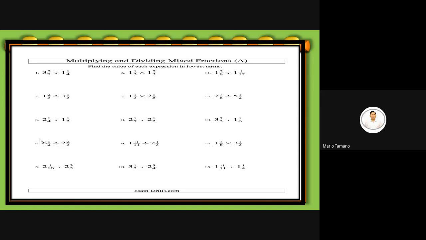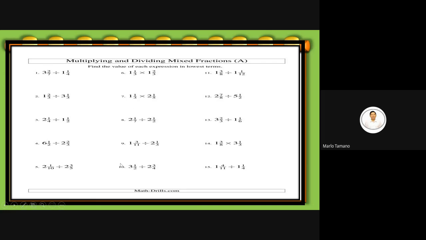Three and 2 over 7 divided by 1 and 1/4 po ang para sa babae. Do you have answers now? Girls, do you have answer? Wala pa. How about you, boys? May sagot na? Hello? Walang sumasagot.